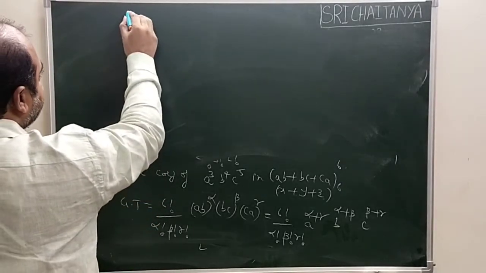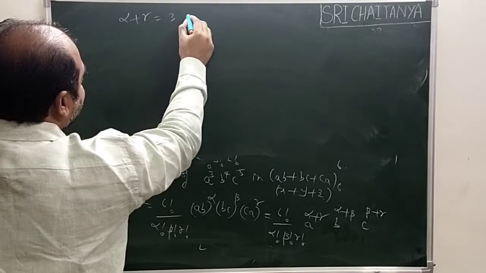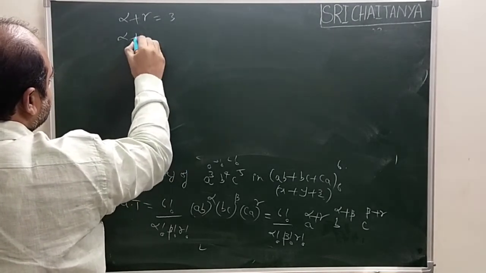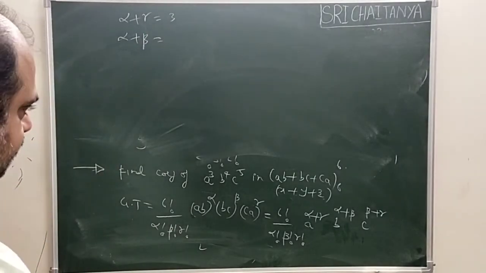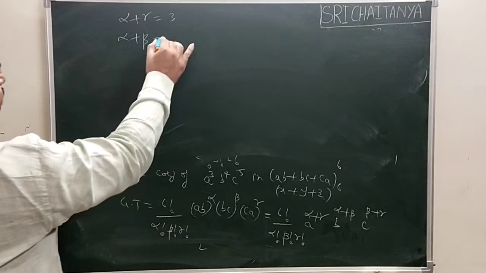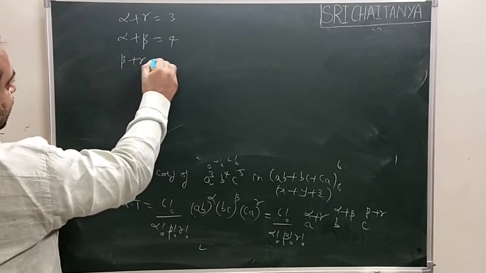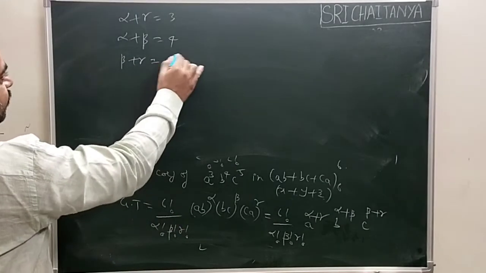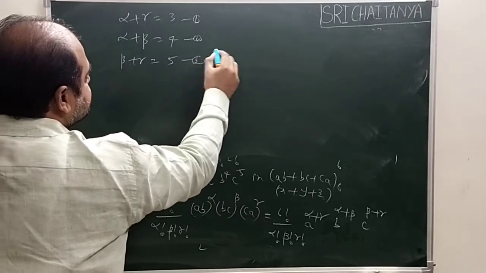So equate alpha plus gamma equal to 3. Similarly alpha plus beta equal to 4. Similarly beta plus gamma equal to 5. Form the equations. Now this is 1, this is 2, this is 3.